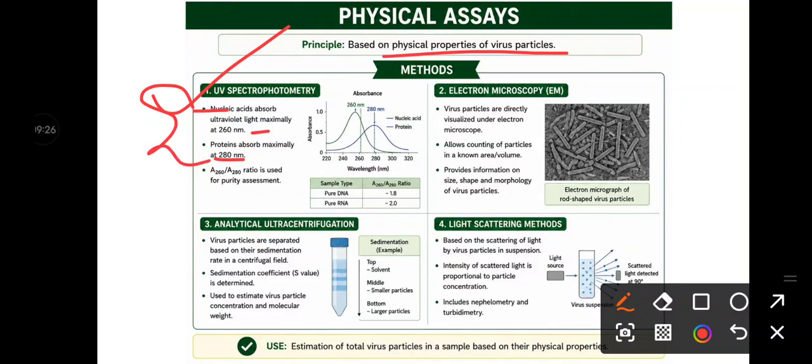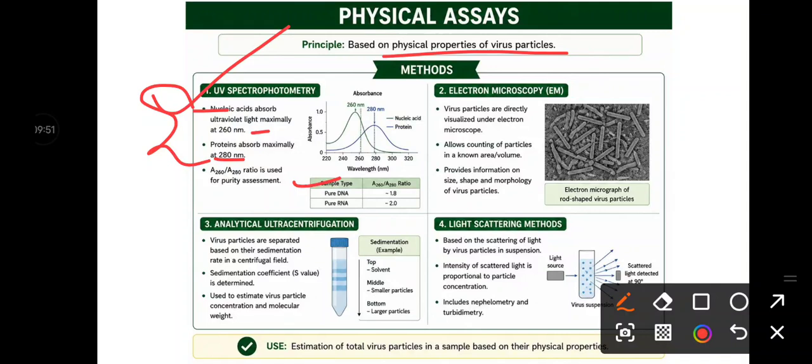Remember this: for nucleic acid it is 260 nm, and for protein it is 280 nm. Therefore, the 260 by 280 ratio is used for purity assessment. By this ratio we can quantify the proteins as well as nucleic acid.